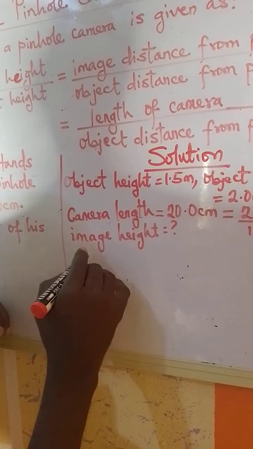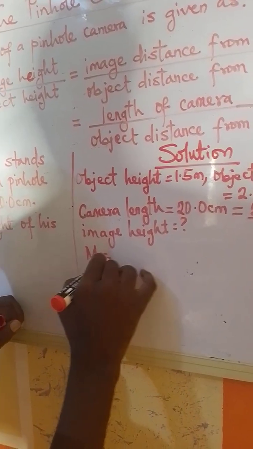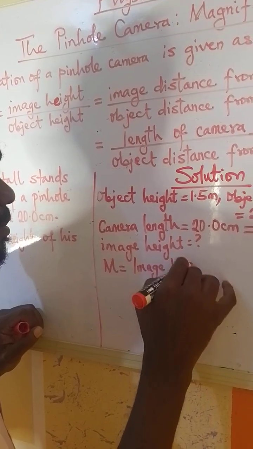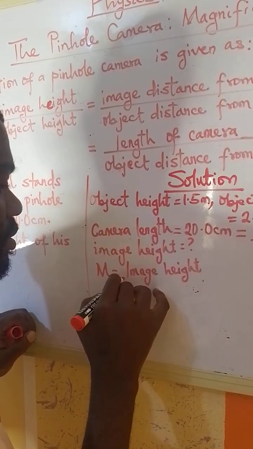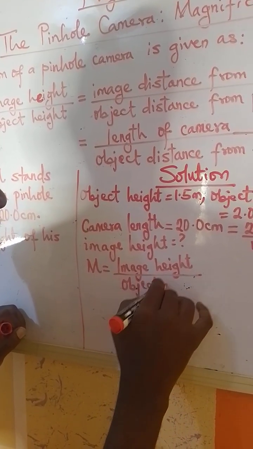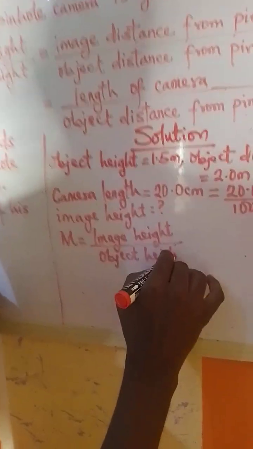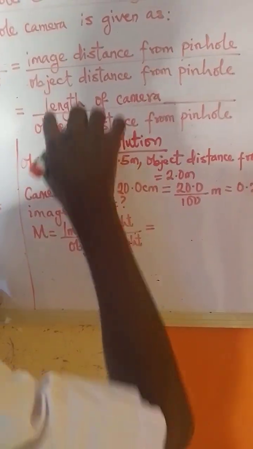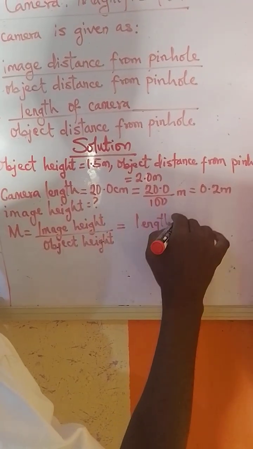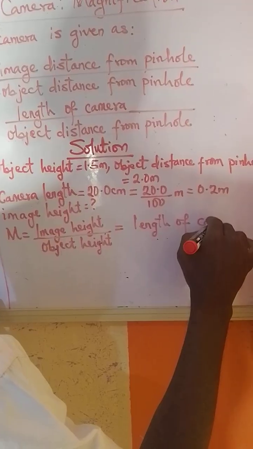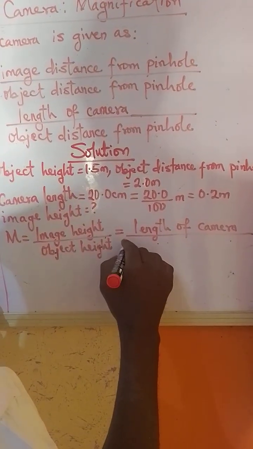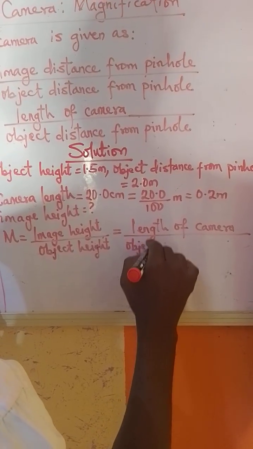So the formula we are going to apply: magnification equals image height divided by object height equals length of camera divided by object distance from pinhole.